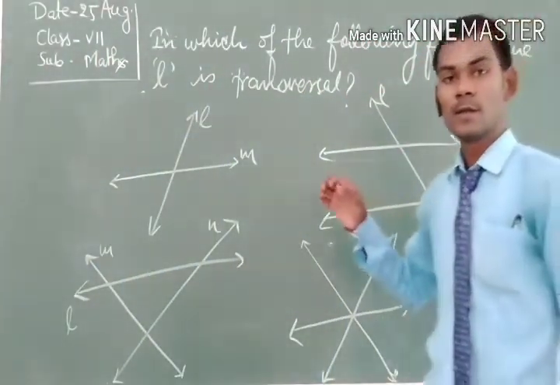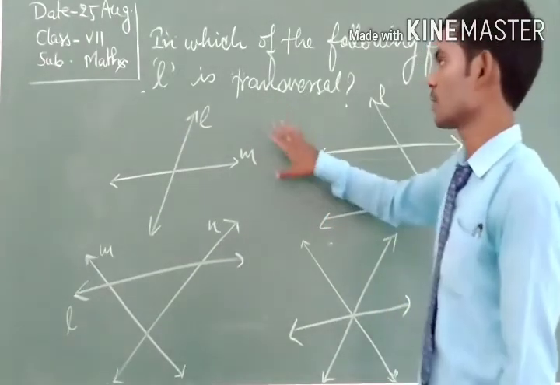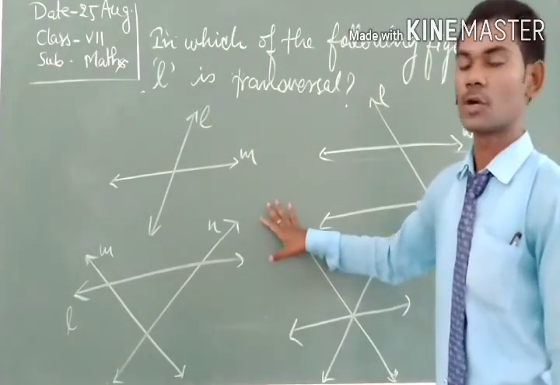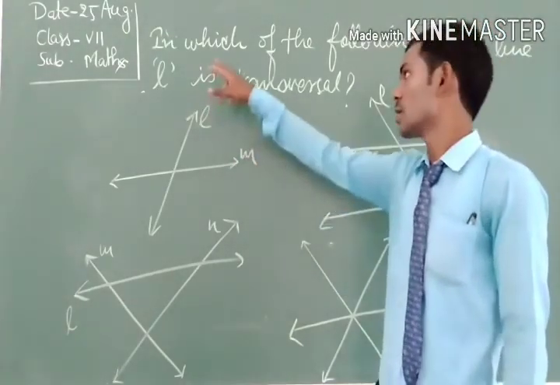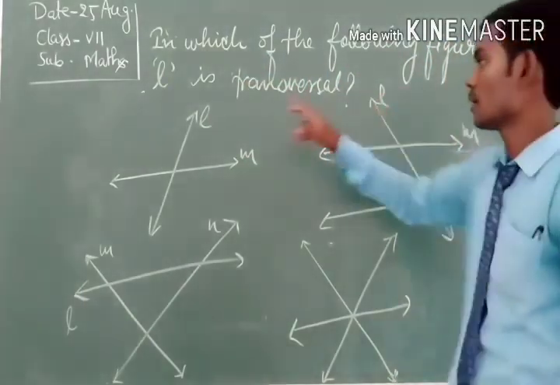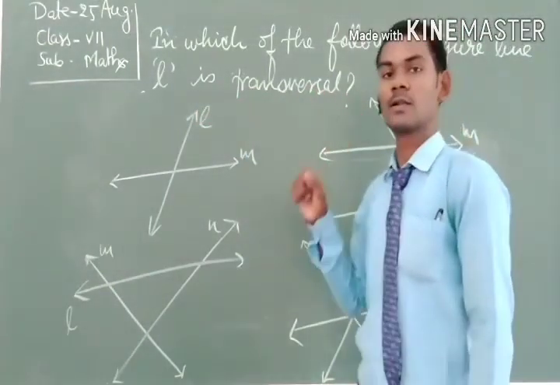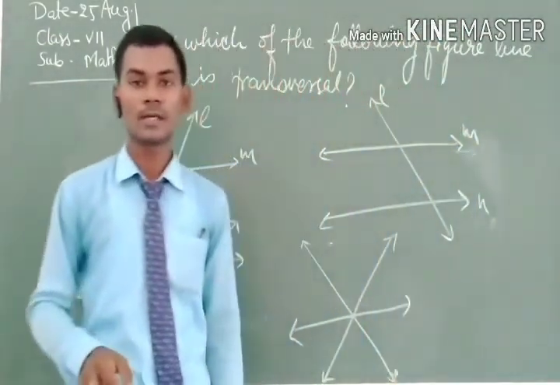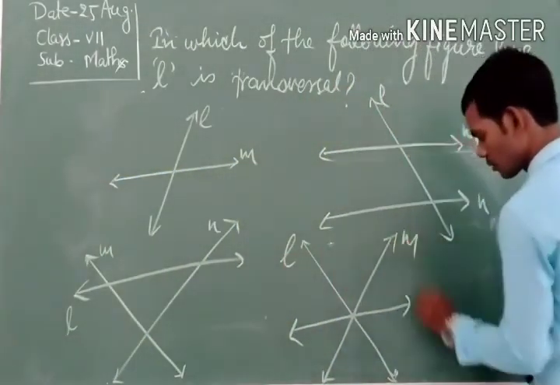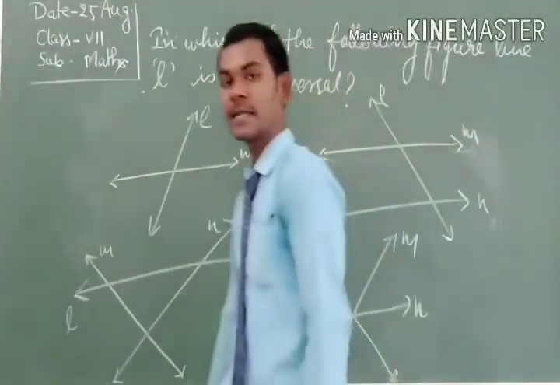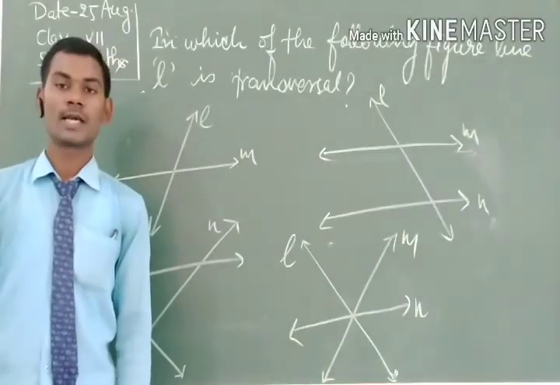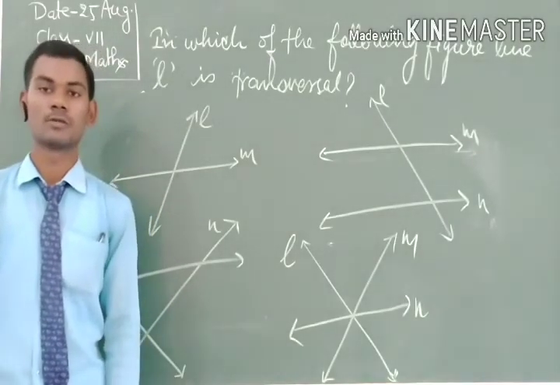Okay students, so there is an example in which we have to identify which is the transversal line and which is not. The given question is, in which of the following figures is line L a transversal? That means we have to find in which figure the line L is a transversal and in which figure the line L is not a transversal.